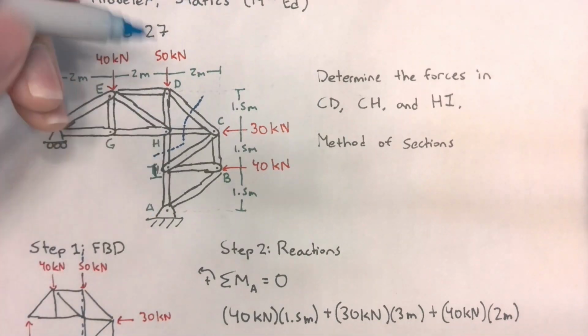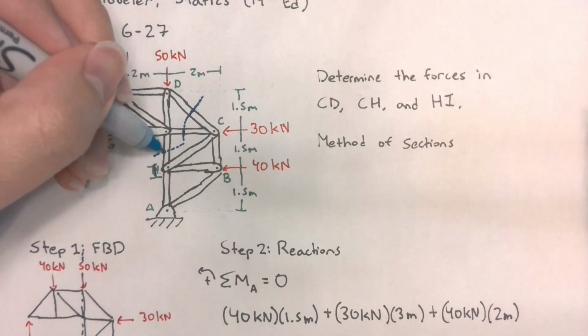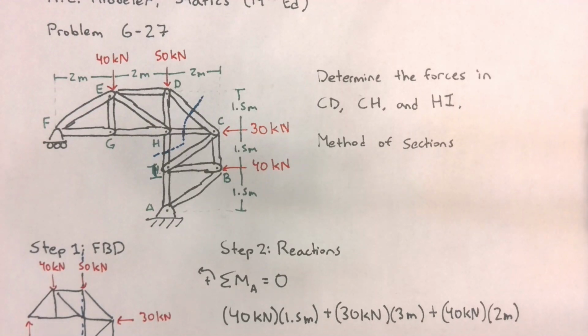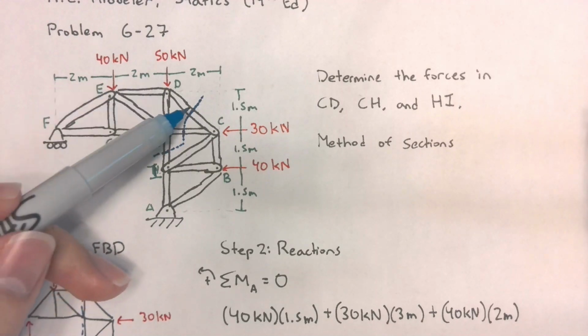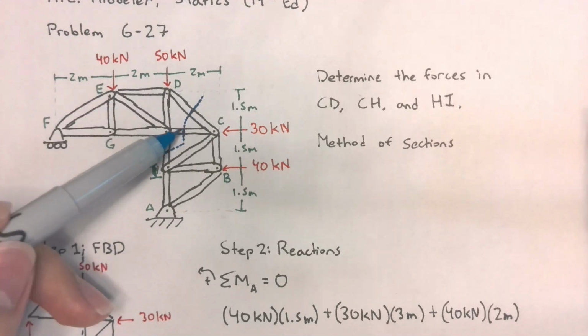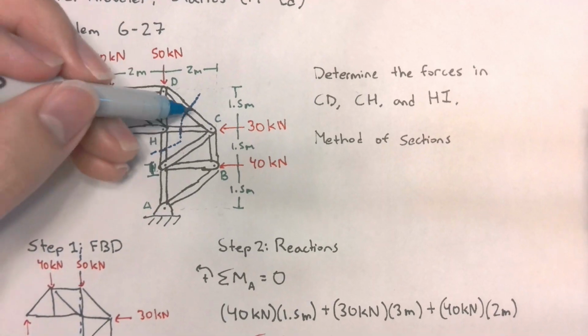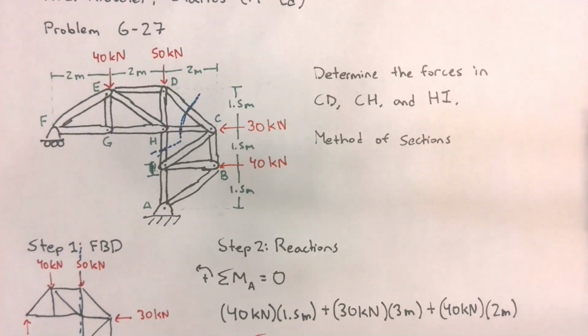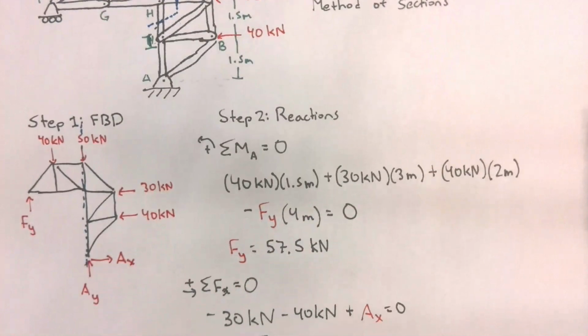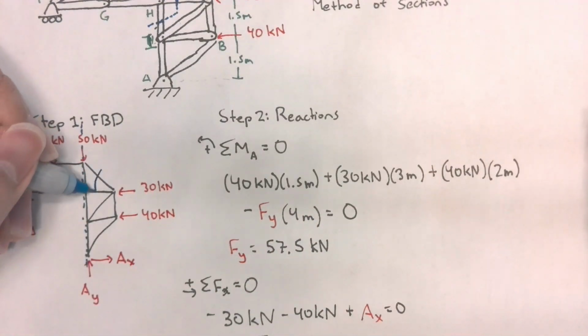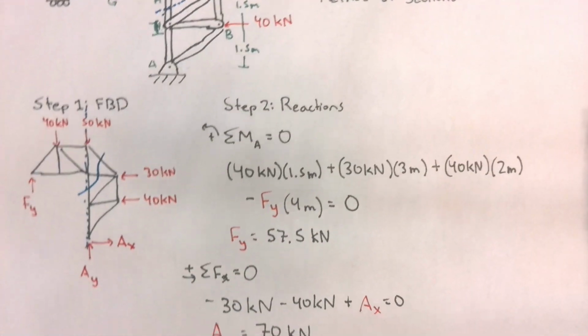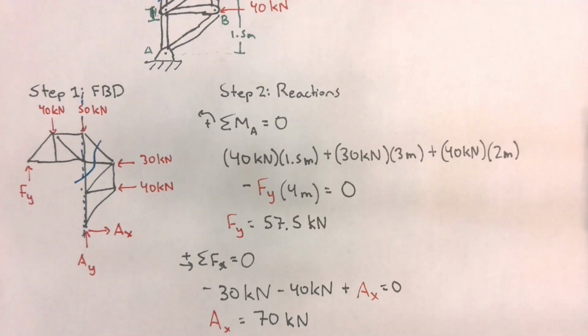Just make sure that it cuts whatever you want to solve for and nothing else, okay? So in this case, I want to solve for the forces on these three members, so I want to make my cut at these three members. If I were to do it in the free body diagram, my cut would go like this. Now why do I do that? Once I take that cut I'm going to have a more simplified portion of the truss that I can use.